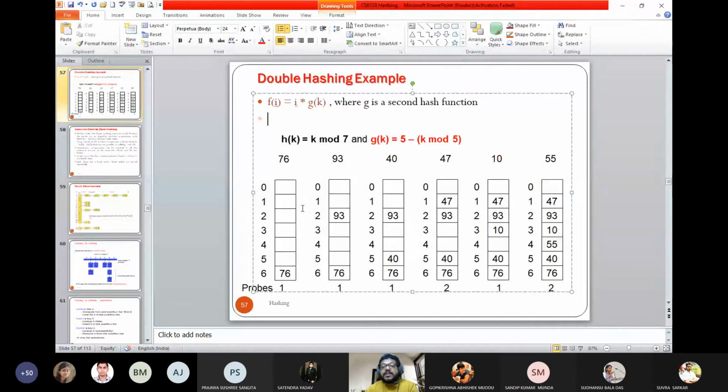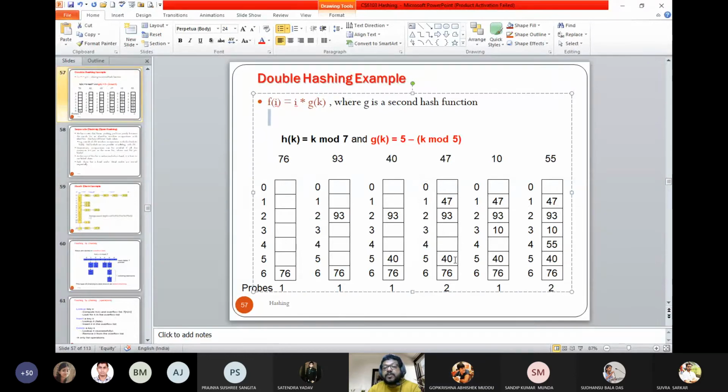Then comes 47. 47 mod 7 is 5, so 5 is occupied.